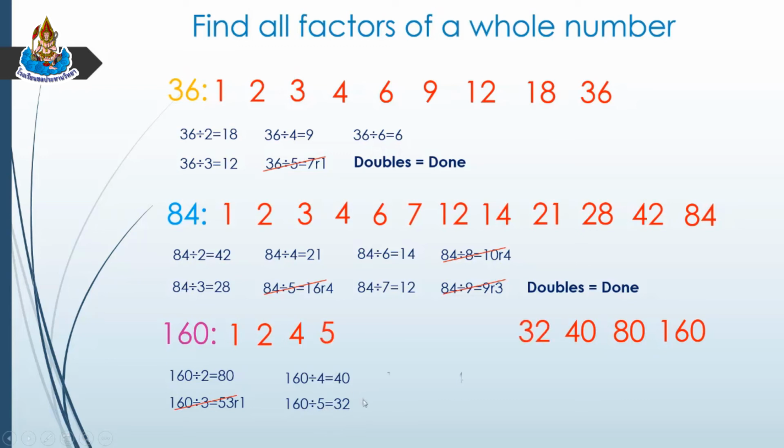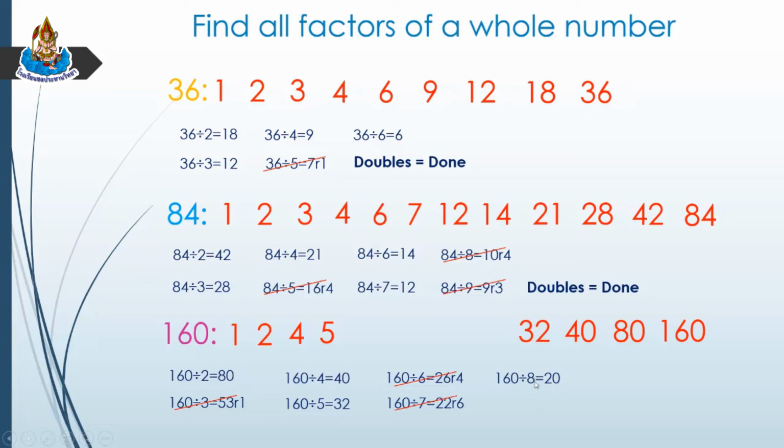What about 6? No, 6 gives us a remainder, so let's cross it. 7. 7 also gives us a remainder. Let's cross it. What about 8? 160 can be divided without remainder by 8.